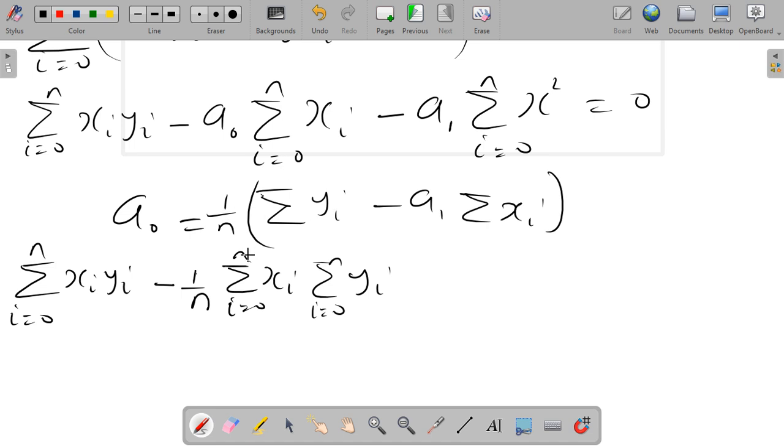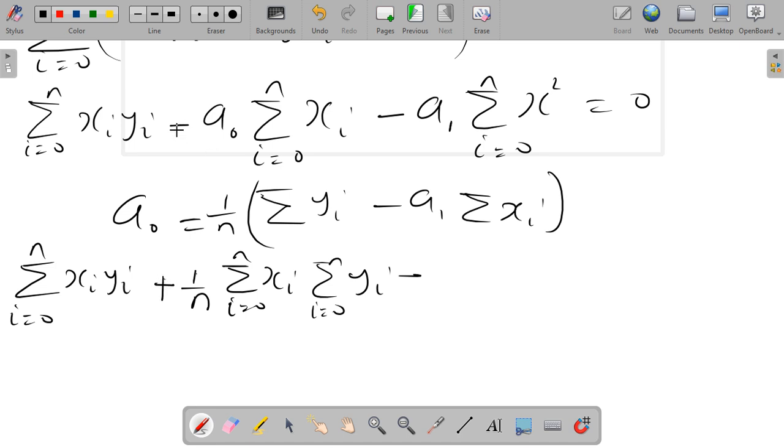Next I'm going to do this times this one, because I'm replacing a naught here, so everything here we multiply by everything here. So if you use this one to multiply this one, don't forget the 1 over n. Sorry, there is a minus here, so this minus will make this plus.